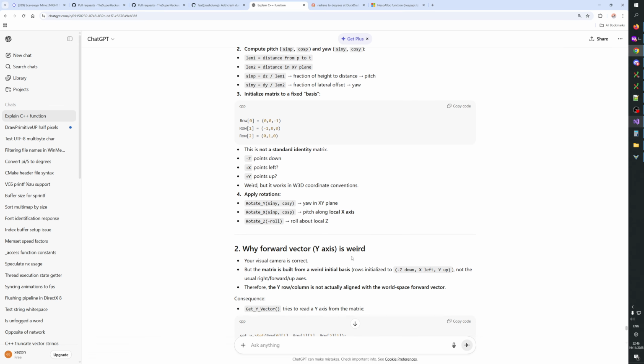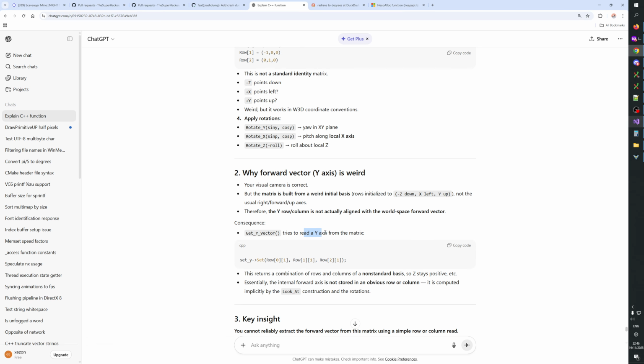Y forward vector is weird. Your visual camera is correct, but the matrix is built from a weird initial basis. Rows initialized to Z down, X left, Y up. Minus Z is down, X left, Y up. Not the usual right, forward, up axis. Therefore, the Y row column is not actually aligned.